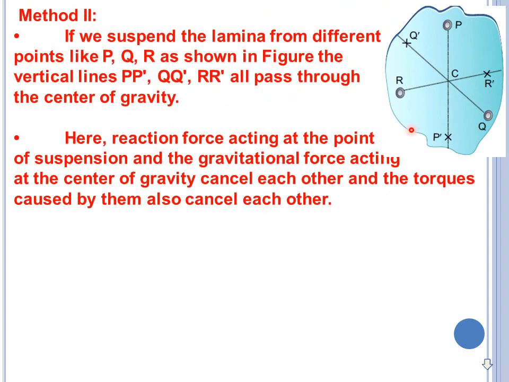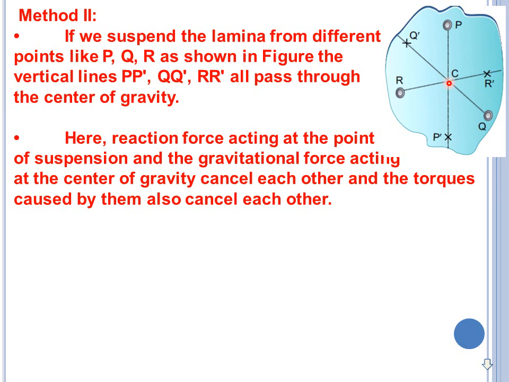Now let's see the second method. This is another lamina with an irregular shape. Method 2 shows that if we suspend the lamina from different points like P, Q, R, S as shown in the figure, the vertical lines P P dash, Q Q dash, R R dash all pass through the center of gravity.